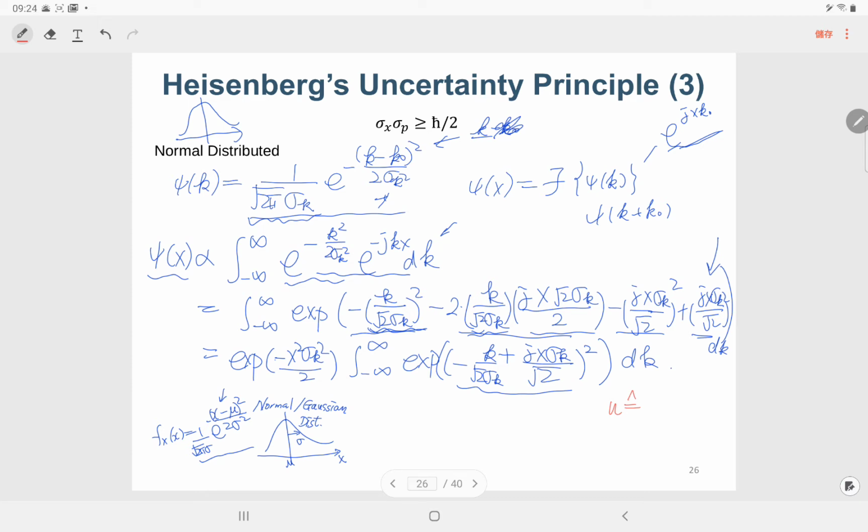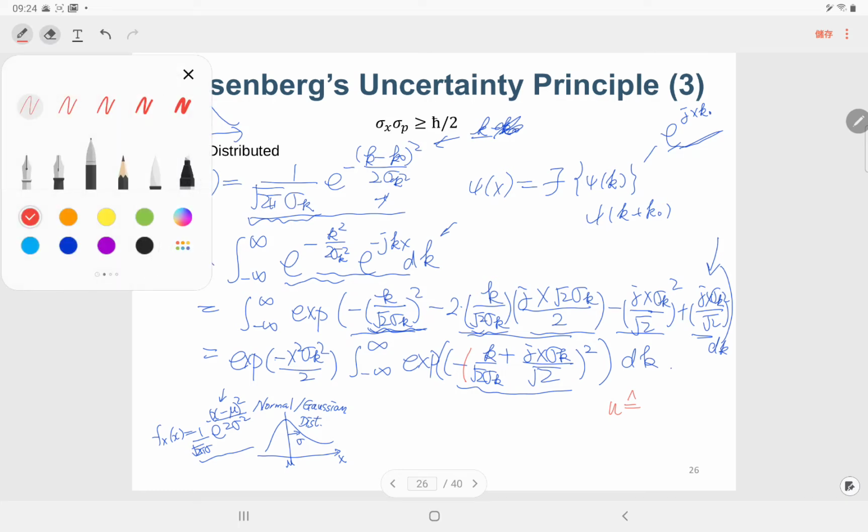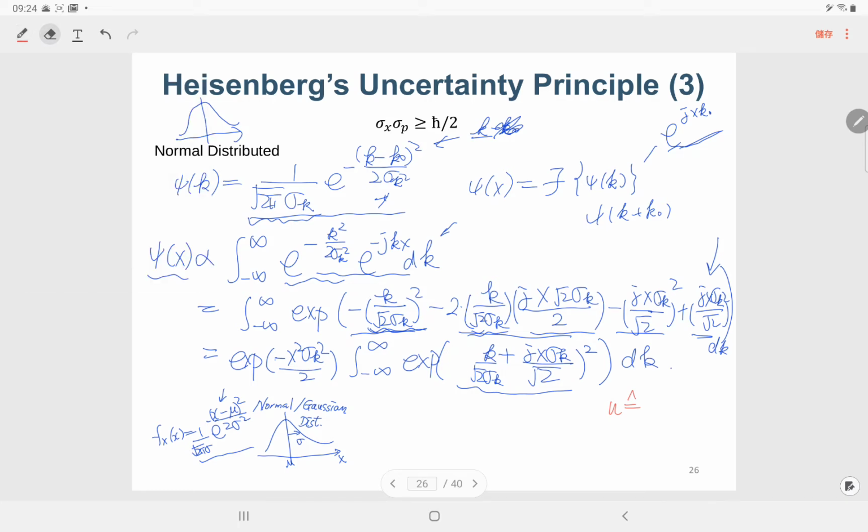It should be minus this square, because we have minus here, so it should be minus this term to be squared.